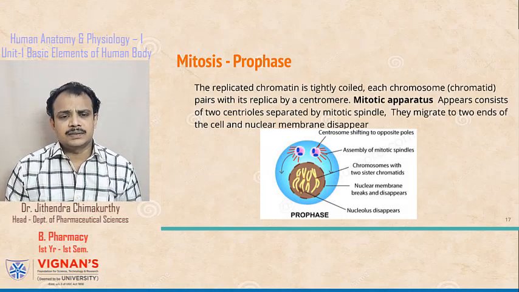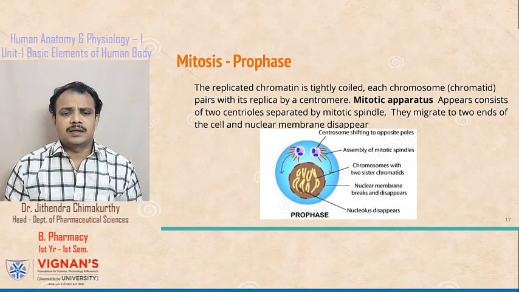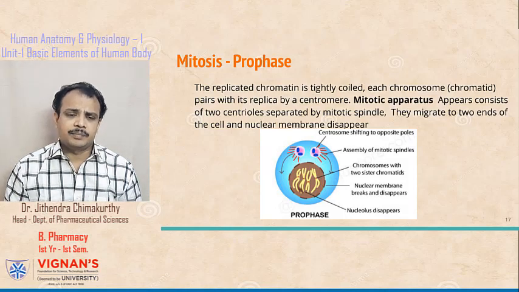In the prophase, pairs of identical chromosomes are tightly coiled with each other at the centromere, leading to formation of 46 pairs which are tightly coiled at their centromeres. And during this phase, the mitotic apparatus will appear.